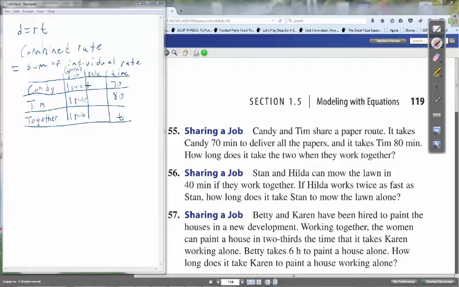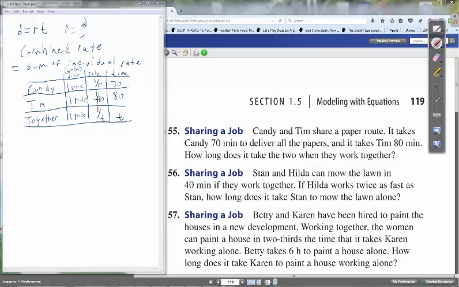Combined rate is the sum of the individual rates. The rate I can calculate. How do I calculate rate? I'll just take my equation up here, R equals D over T, and get my D to come through. D over T. So 1 over 70, 1 over 80, and 1 over T. Then what did I say?